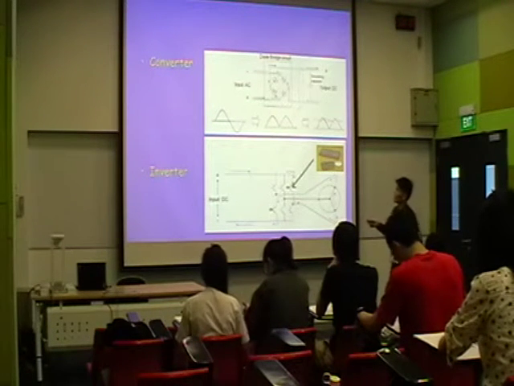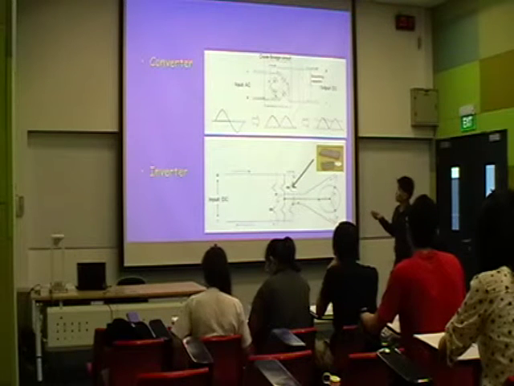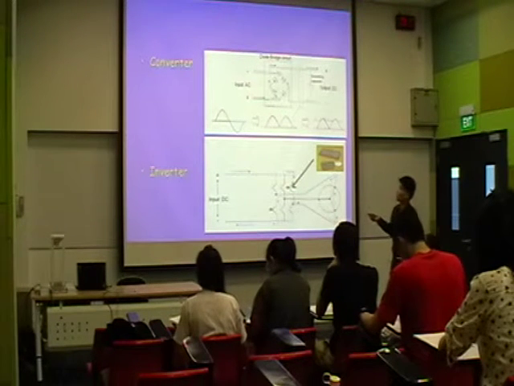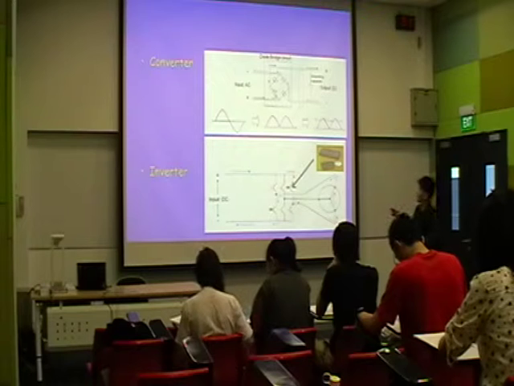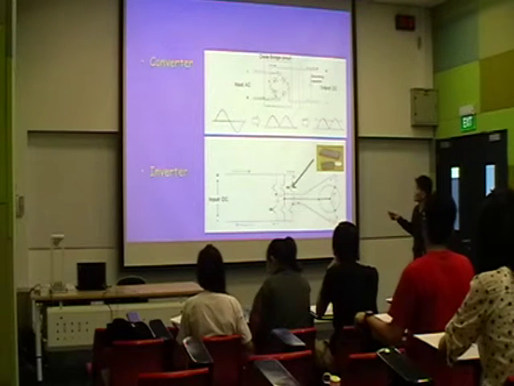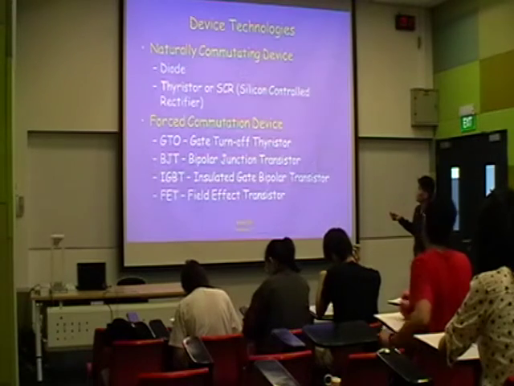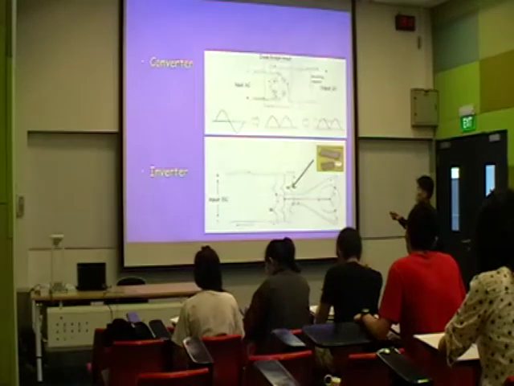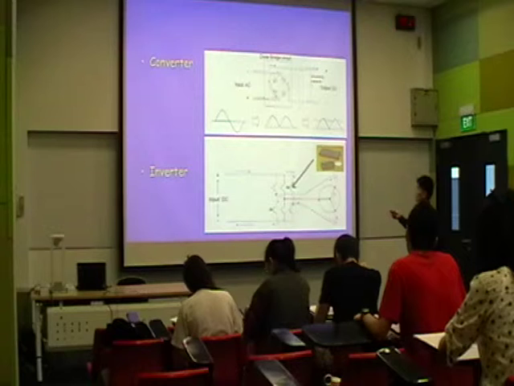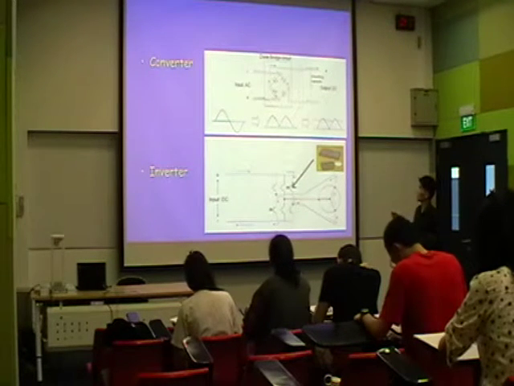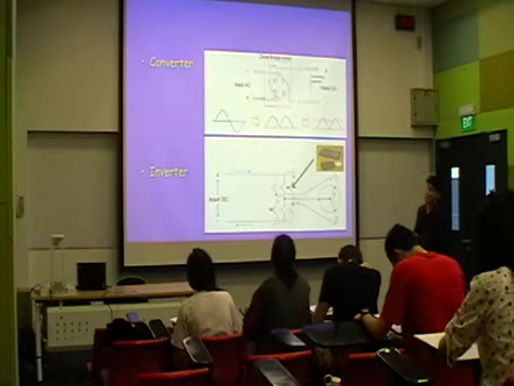So you can see that it doesn't really look like a DC yet. But if you use the capacitor, you only have a waveform mainly on top, and it is almost like a straight line.